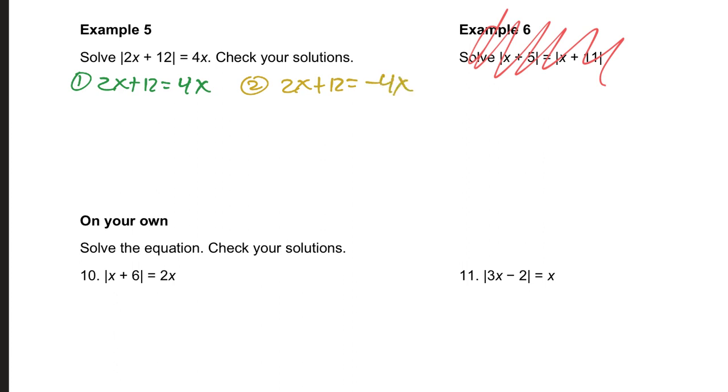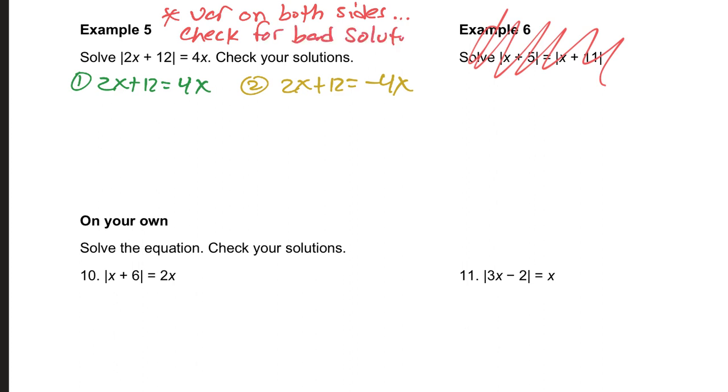And now because we have variables on both sides, we want to check our solutions and see if there's any extraneous solutions. So when there's variables on both sides, check for extraneous or bad solutions.